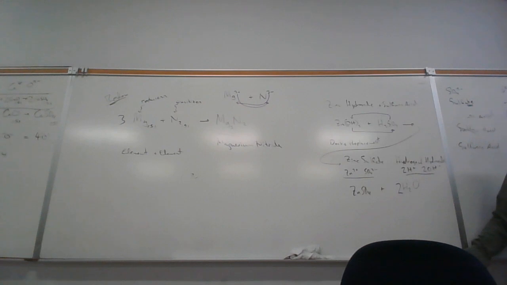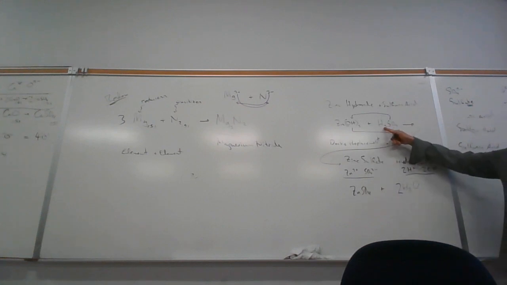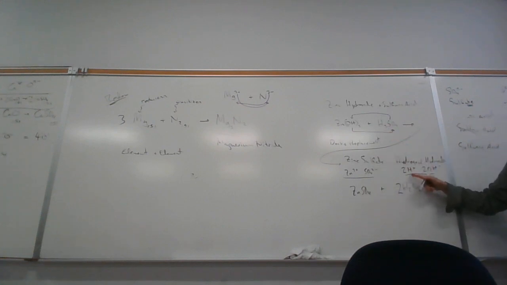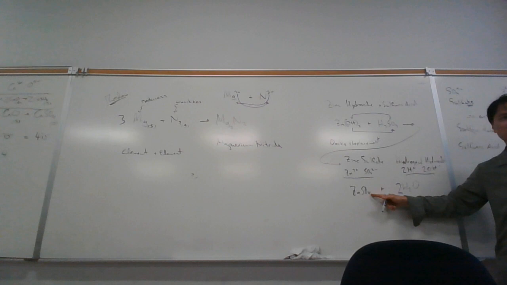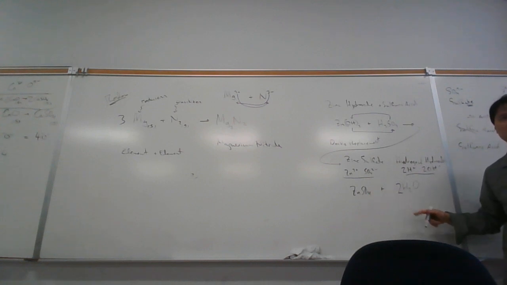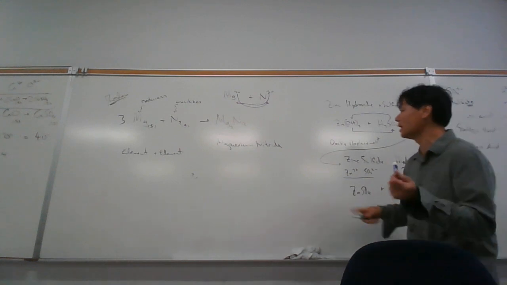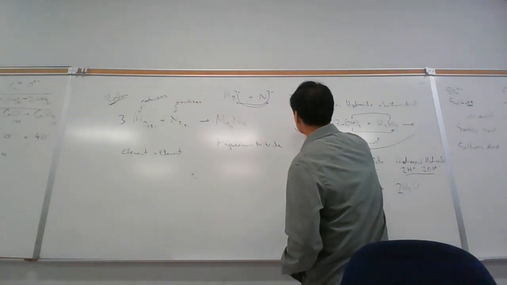The 2 hydrogen ions are already balanced. And I have 1 sulfate, which is balanced. So now it's balanced. This is a different type of reaction, called a metathesis reaction, or a double replacement reaction.